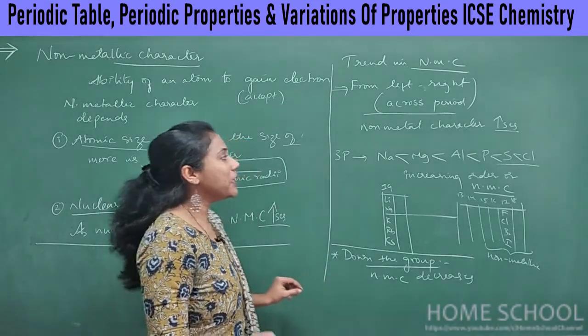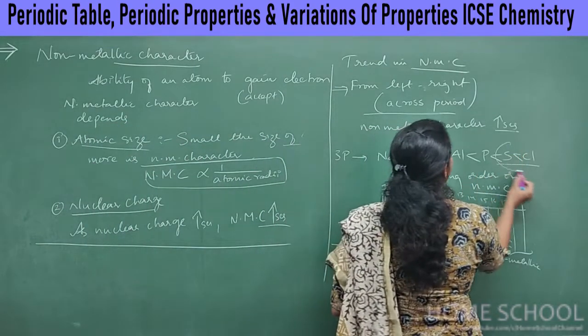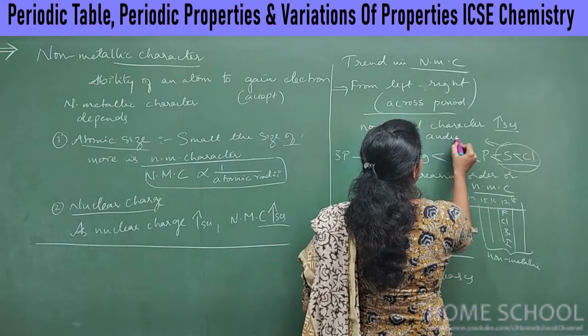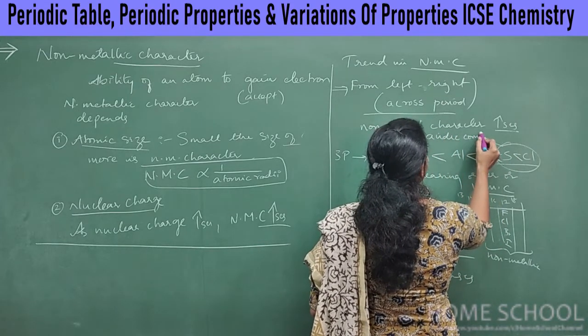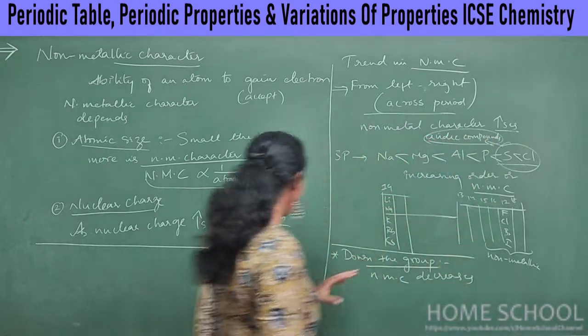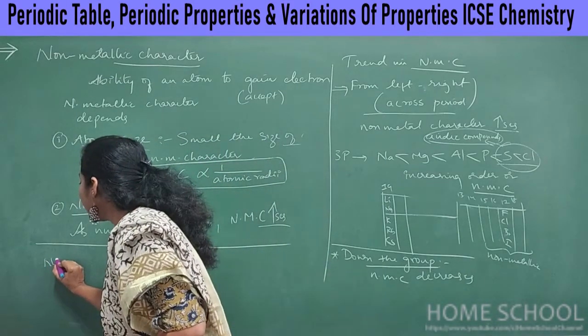And one more important point is that the so-called non-metals always give acidic compounds. This point is very, very important, so note it down somewhere. Let me write that point here.